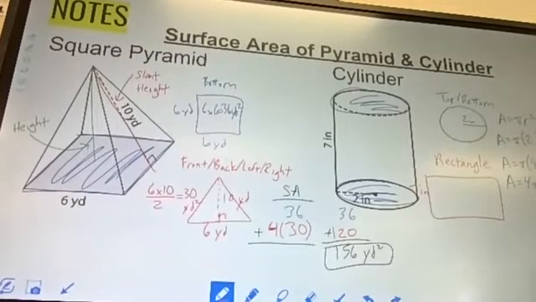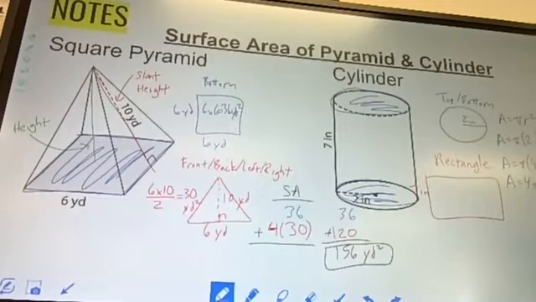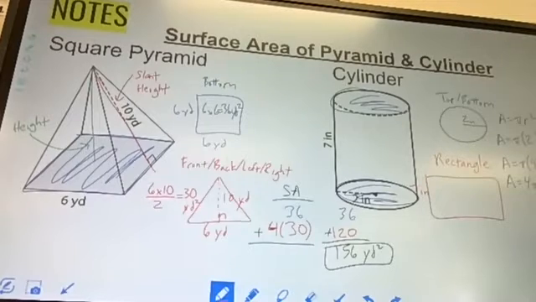So the base, when I unravel it, becomes the circumference of the circle. And what's the circumference formula? Pi times diameter.